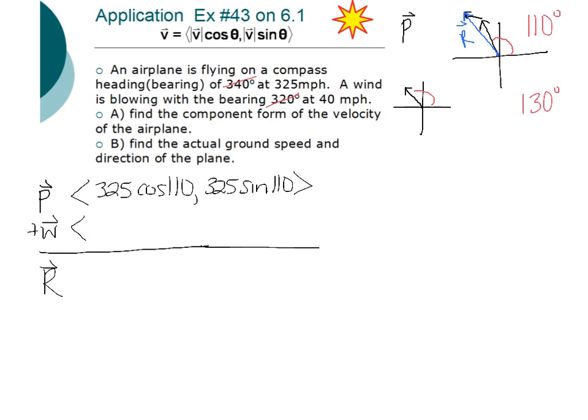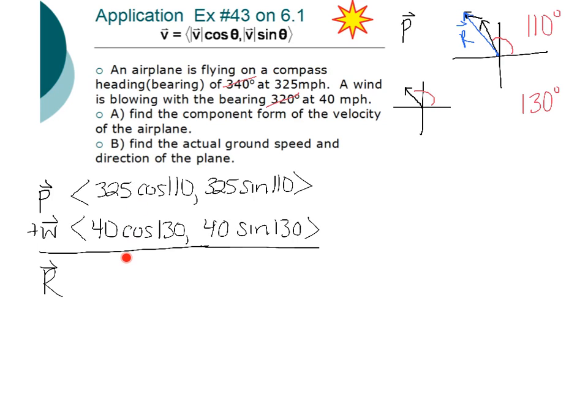The wind vector has a magnitude of 40, cosine of the directional angle 130, and then 40 sine of 130. This right here is what I actually want to see. You don't have to give me all the decimals. I really just want to see how you're setting it up, because I can usually find your errors in how you set it up. Then we just add.